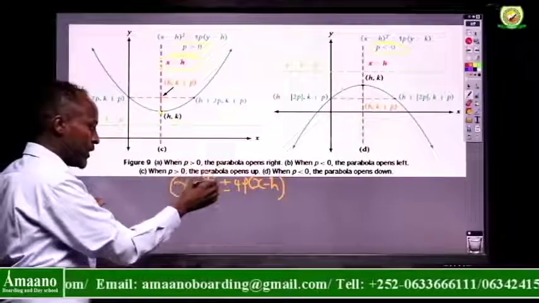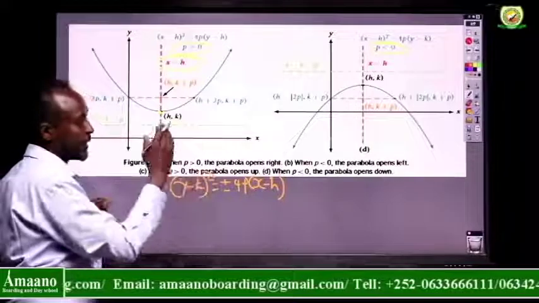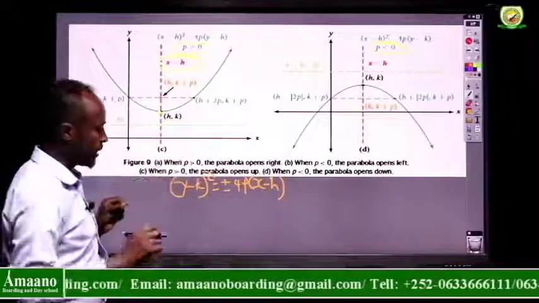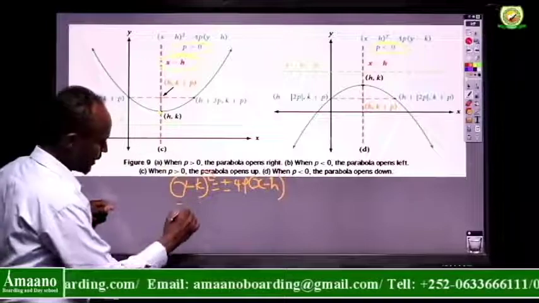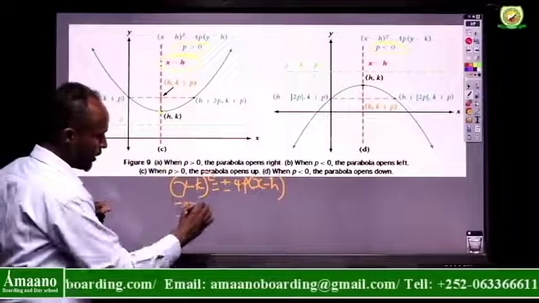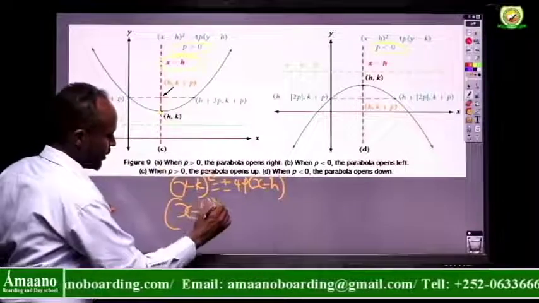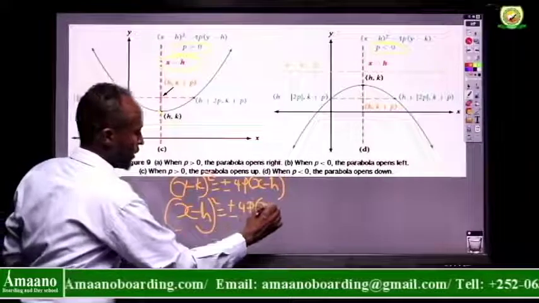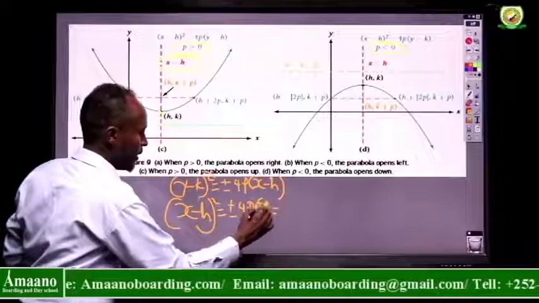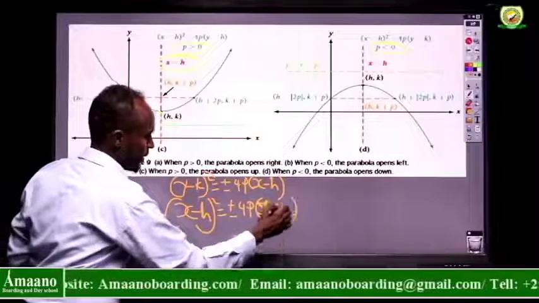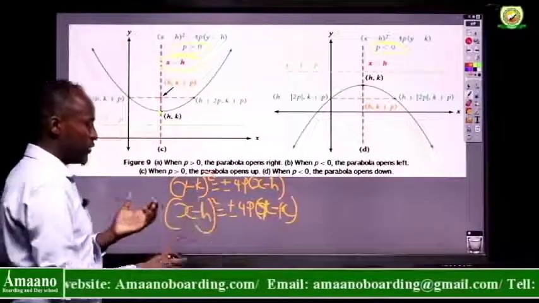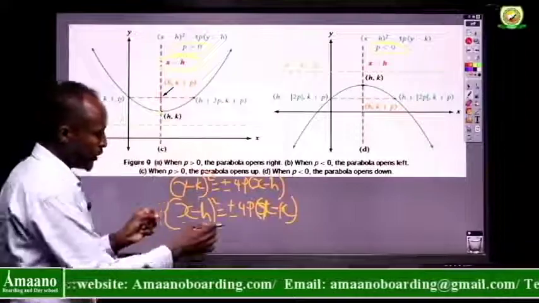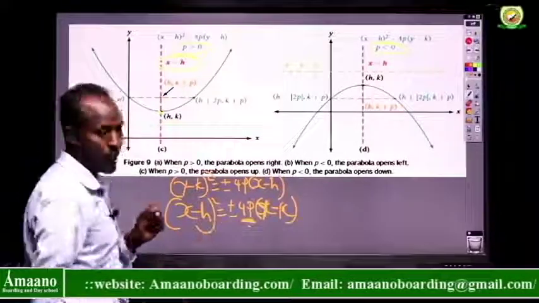As long as y is squared, then the axis of symmetry will be horizontal. And the other equation is (x minus h) squared equals plus or minus 4p times (y minus k). This is a parabola which is facing up or down. It depends on the sign of p.